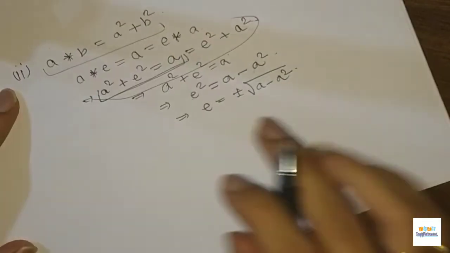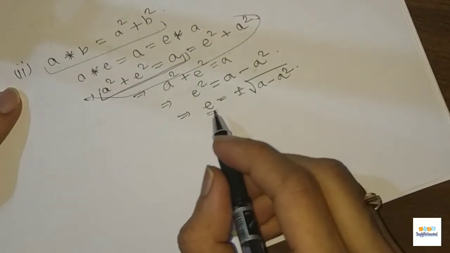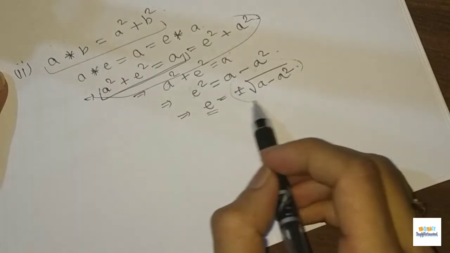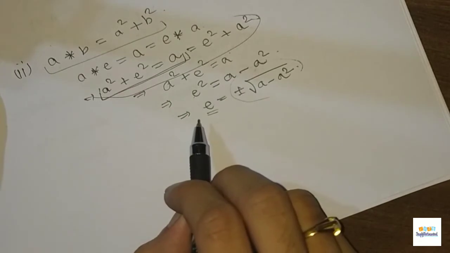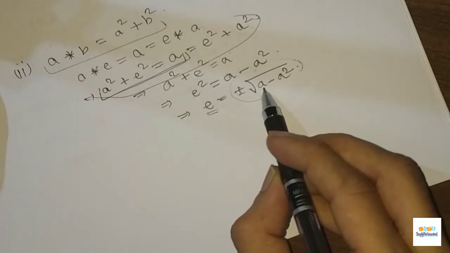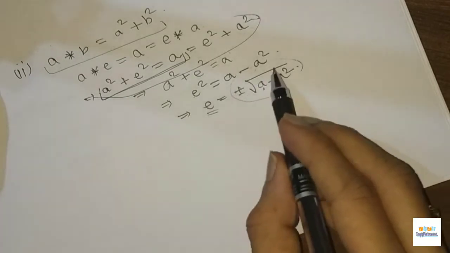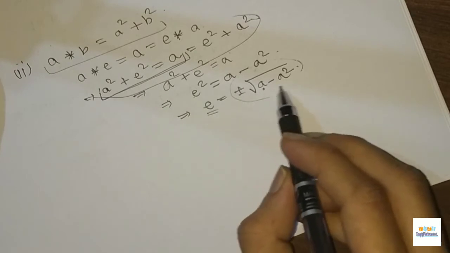Again, see, if you are getting e in terms of a, you will get different values of e for different values of a, right? For a equal to 0, you are getting plus or minus root of 0 minus 0 square, which is 0.